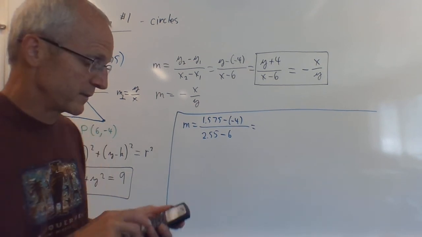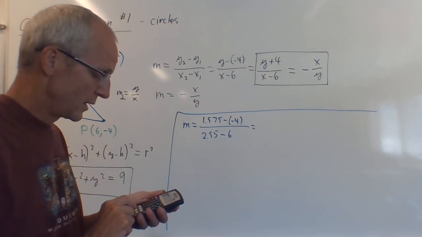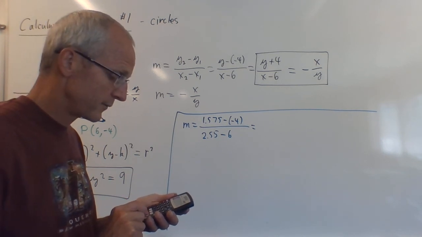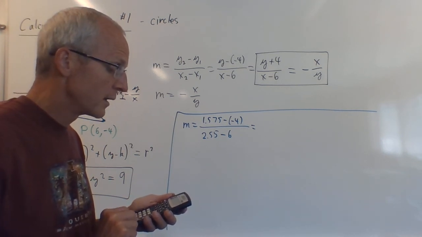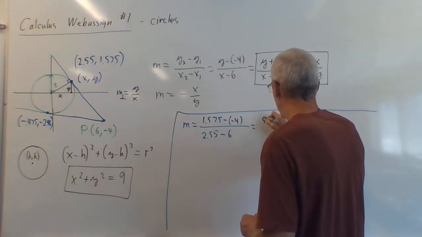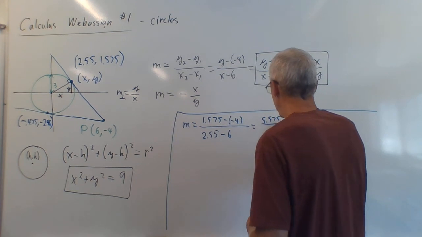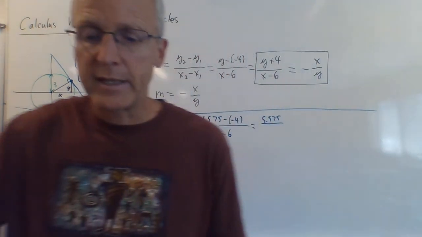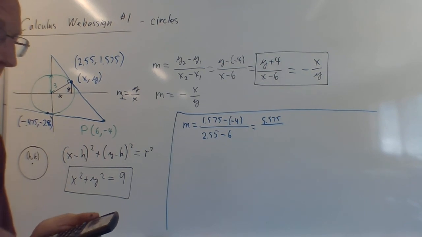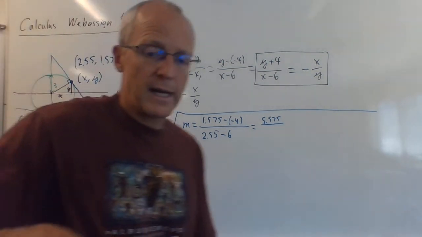I'll write it out so I don't make a mistake. I better be careful. So 1.575 minus -4, so that'd be 5.575. Yep, I did that right. 5.575 divided by 2.55 minus 6, that's negative. 2.55 minus 6, which equals -3.45.